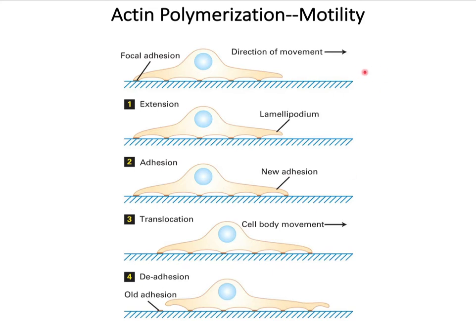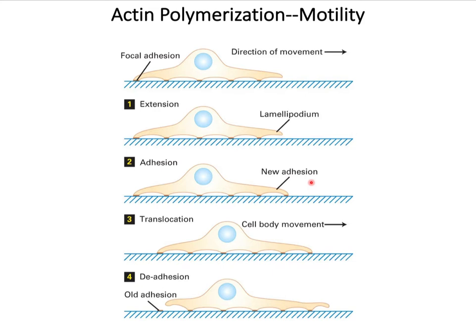So in the first step, you have what is known as the extension. The extension is characterized by stretching or outgrowth of the leading edge of the cell to form a structure known as the lamellipodium, which is the membrane structure that resembles a foot. So this foot is stepping out, and the second step is the adhesion, where the lamellipodium actually touches the surrounding extracellular matrix.